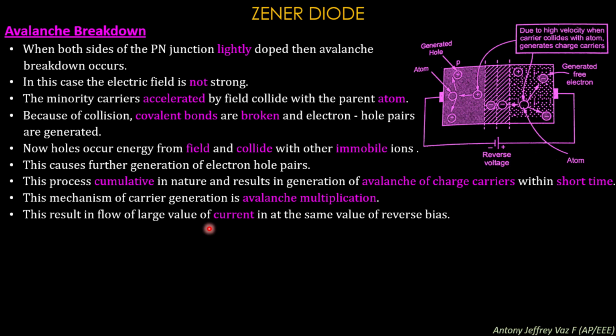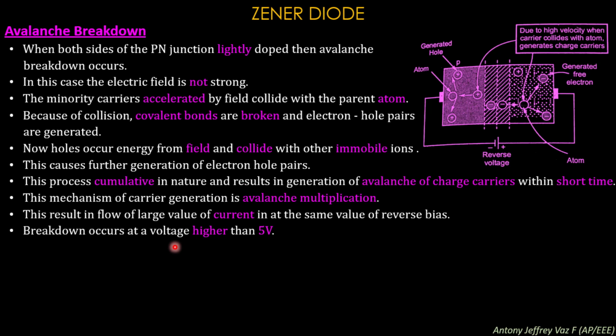This results in the flow of a large value of current during reverse bias. Avalanche multiplication creates more electron and hole pairs, even in the reverse biased condition. Due to this, the avalanche breakdown occurs, the depletion region breaks down, and electrons flow inside the diode from the P junction to the N junction while it is in reverse biased condition.